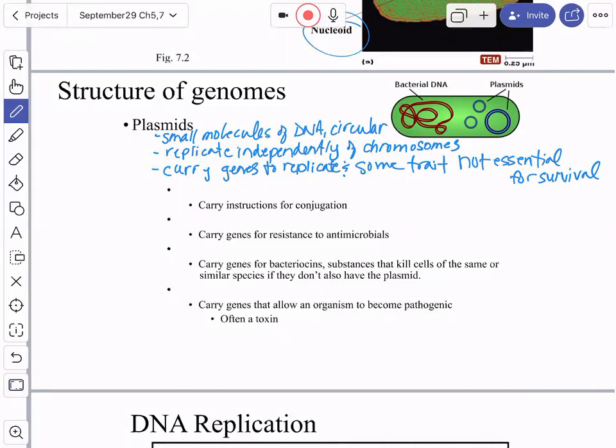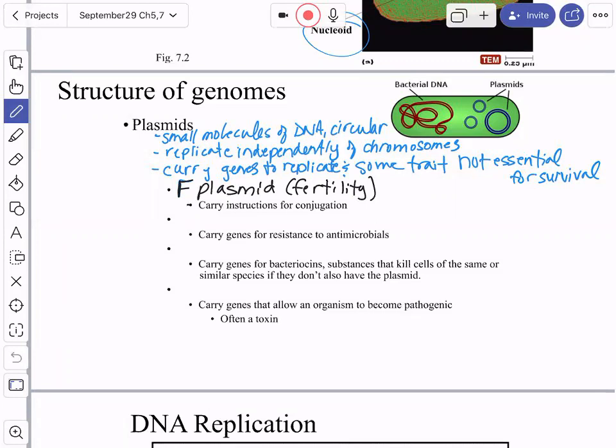What kind of things might you find on plasmids, or what are some examples of different kinds of plasmids? Let me change colors here. An F plasmid, that stands for fertility plasmid, is going to carry instructions for conjugation.